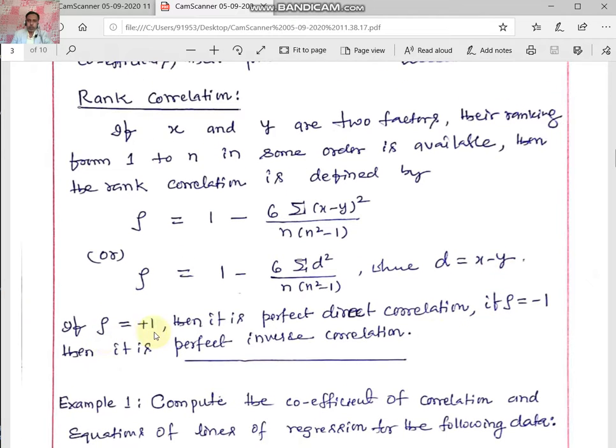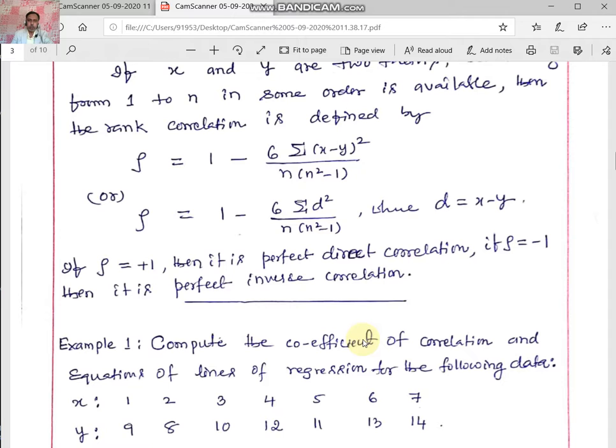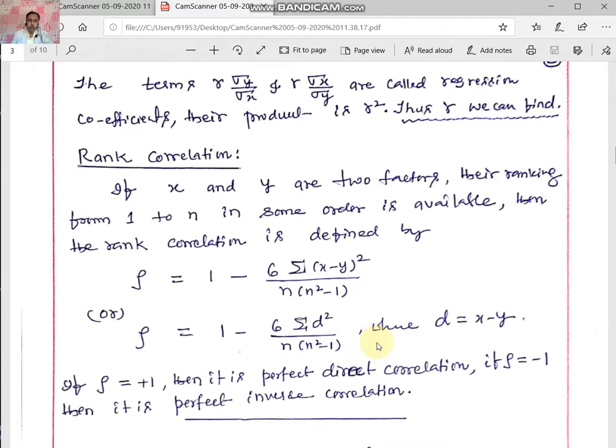If rho is equal to plus 1, then it is perfect direct correlation. If rho is equal to minus 1, then it is called perfect inverse correlation. So this is how we can find rank correlation between two factors.